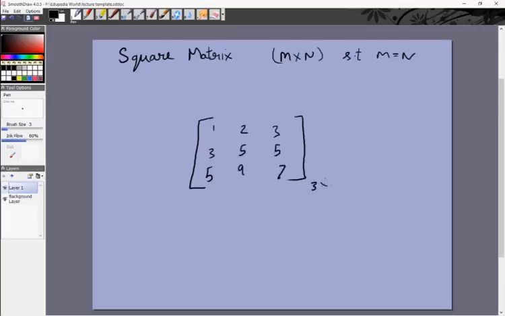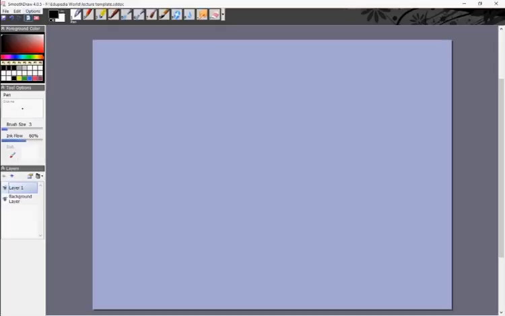And this will be a 3 cross 3 square matrix. So a square matrix, as the name suggests, is a matrix that is not just rectangular but it is square. That means the number of rows and the number of columns is the same. Then you have the next type of matrix, which is a diagonal matrix.